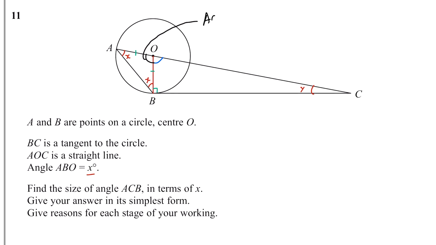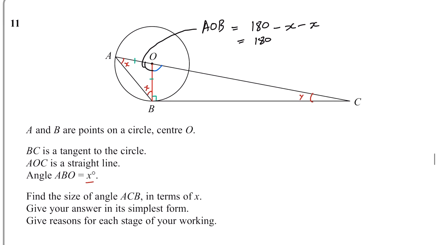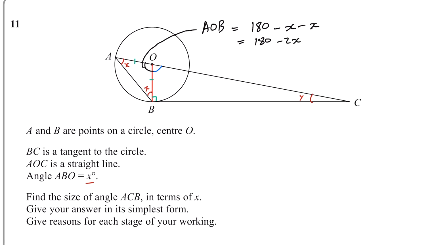180. So we know that AOB is going to equal 180 minus x, and that can be written as 180 just minus 2x. So now I know what that is. I can now use that to figure out what this blue angle will be, because it's on a straight line.